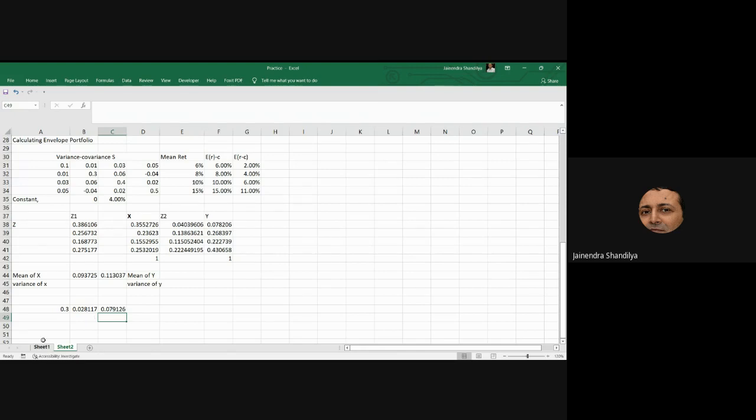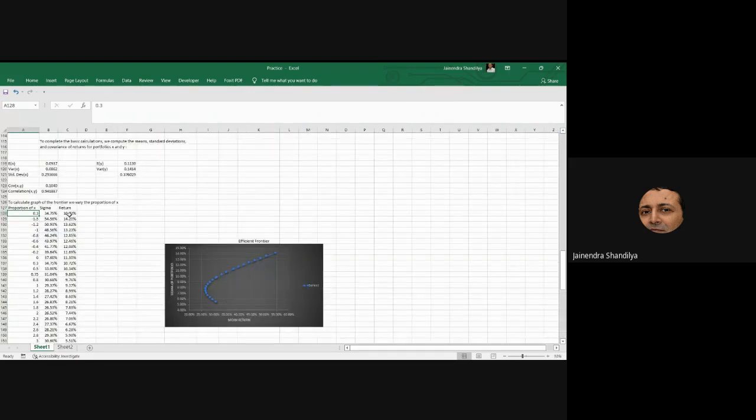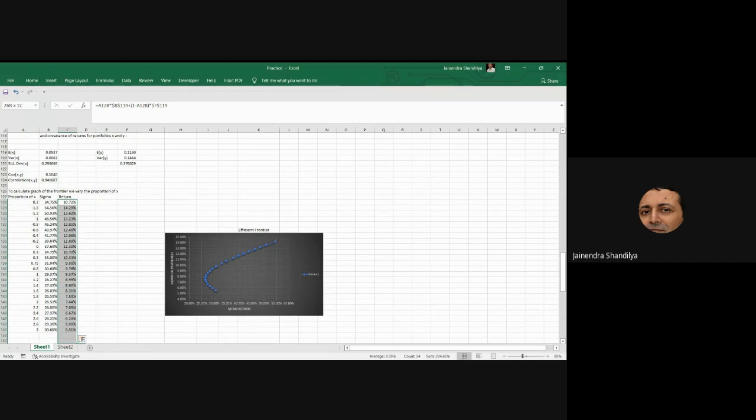If you combine, this is the return of X's and Y together in the portfolio. So the array that you're seeing is X's and Y in the portfolio, and its return.